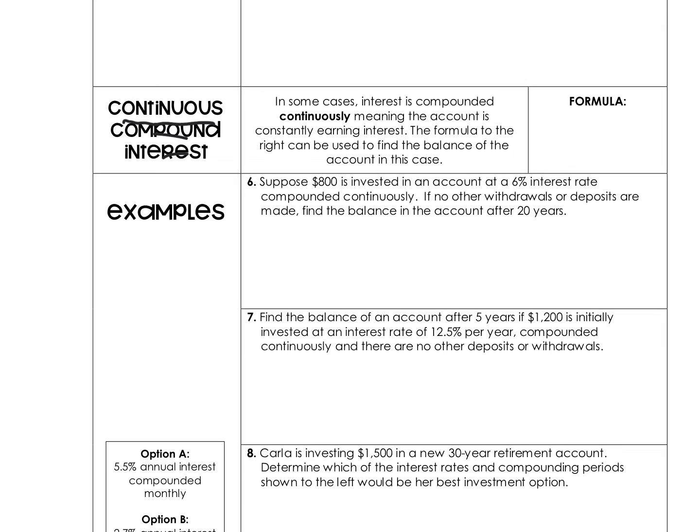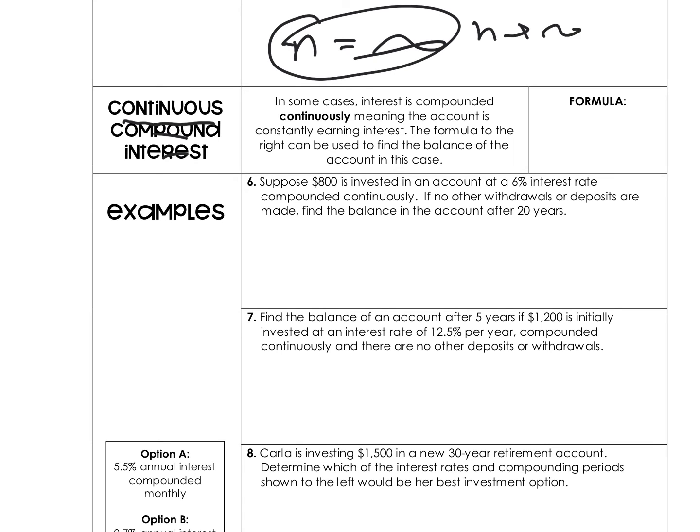So if you think about it, my n is actually infinity, because it's an infinite number of times. And in calculus, we actually do a problem of compound interest with n approaching infinity, and we actually derive the equation that we're going to use right now, okay?